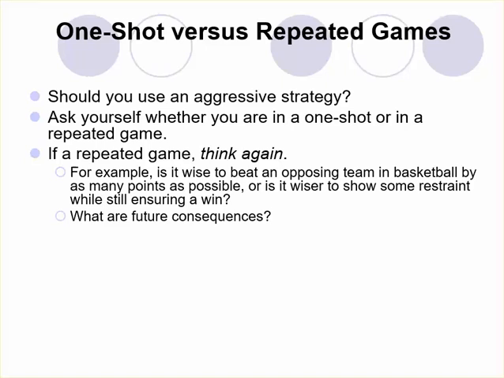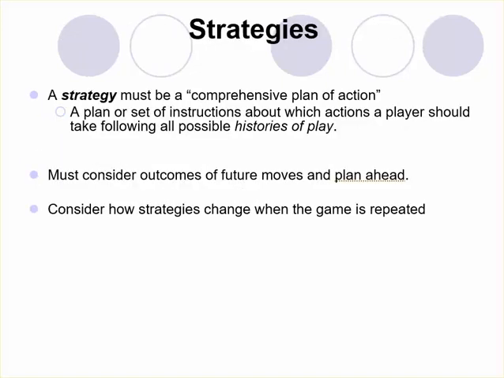For example, in a sports game, you probably don't want to win by as many points as possible and really show up that team. You have to consider what the future consequences of those actions are going to be because you know you're going to see that team again. So, strategies can change when we have a repeated game.